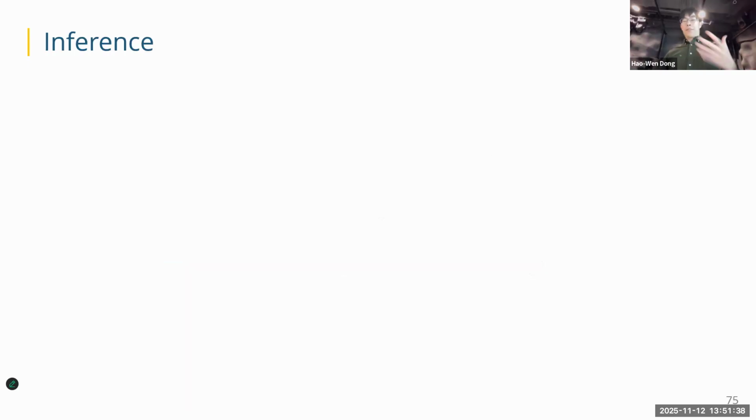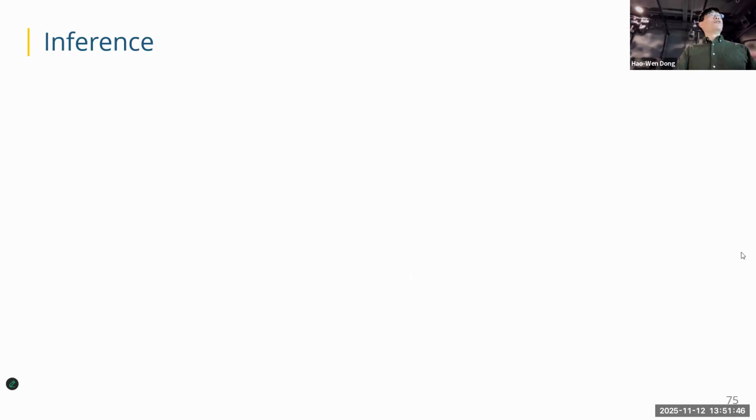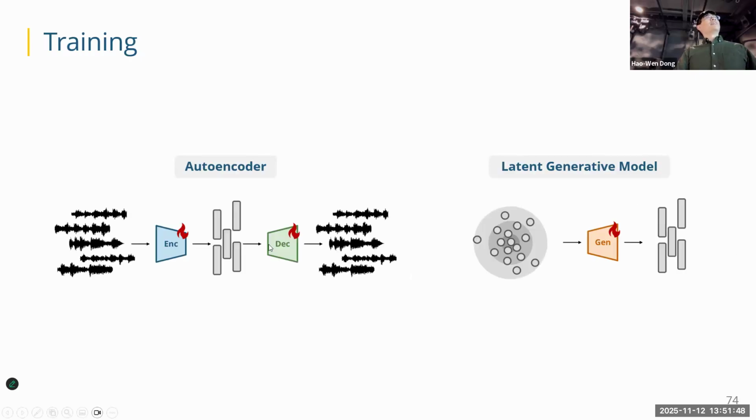And latent diffusion model is sometimes called stable diffusion. Because think about what it does: whatever you generate here will later be decoded by your decoder. So think about how this decoder is trained: it learns to map anything into something real.